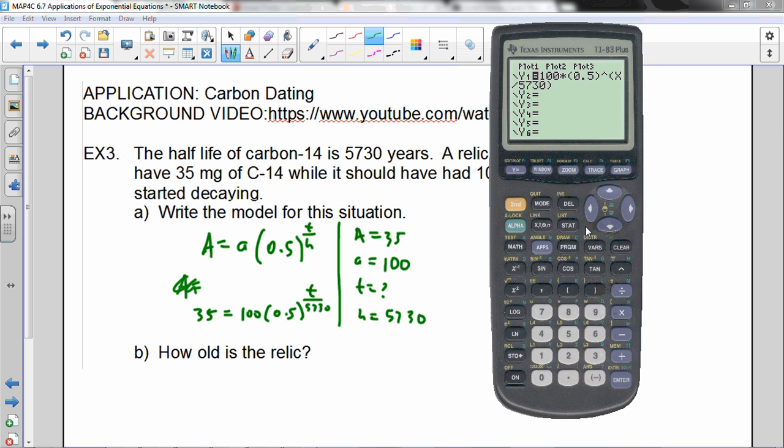And then to use the table, remember I used the table setup. Second window was to set up the table. And we're starting at 0 and going up by 1 years.